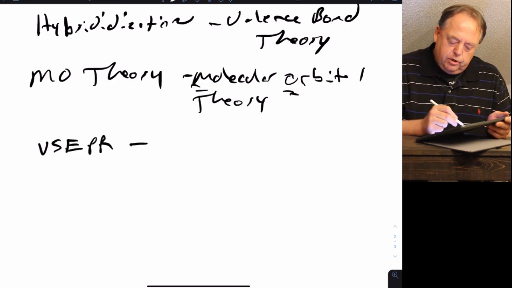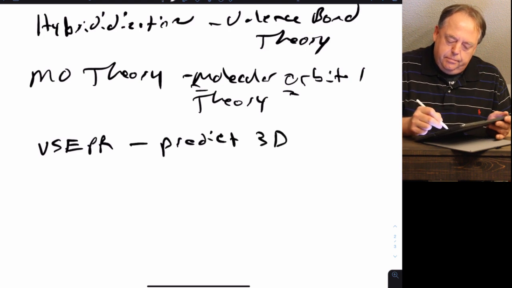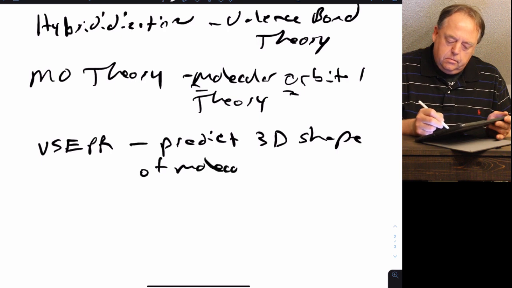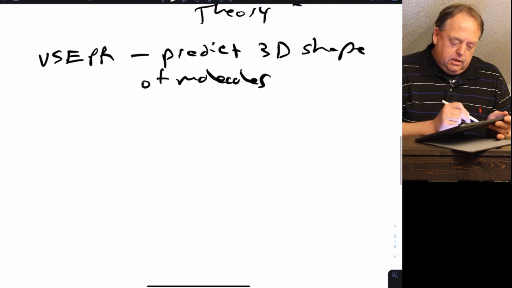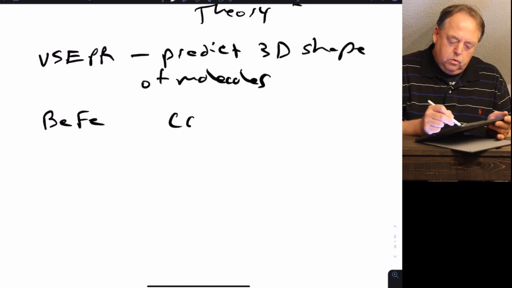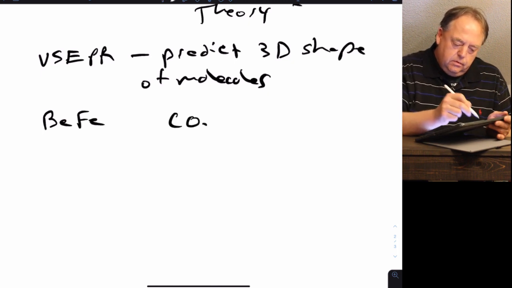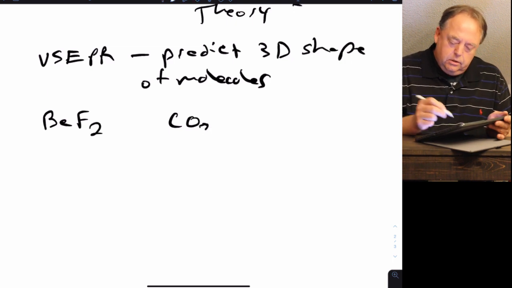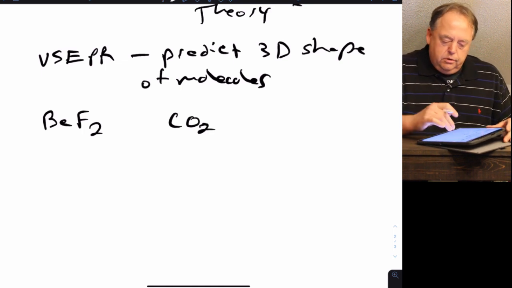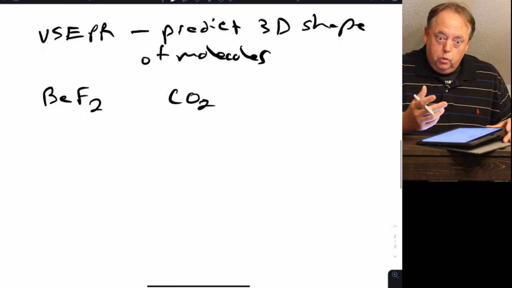Okay, so for the VSEPR model, basically it just tries to predict the 3D shape of molecules. So if we take a molecule like BeF2 or CO2, in order to use the VSEPR model, you have to be able to draw a Lewis dot structure.